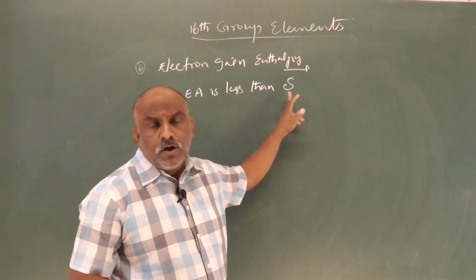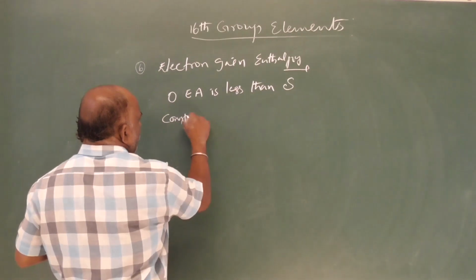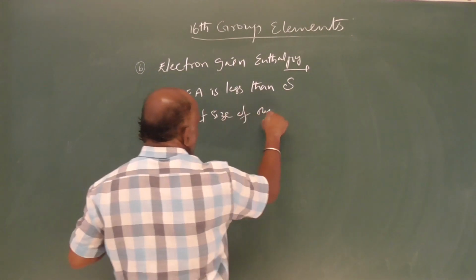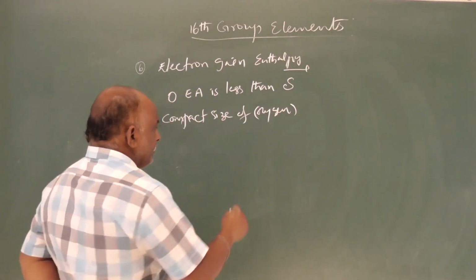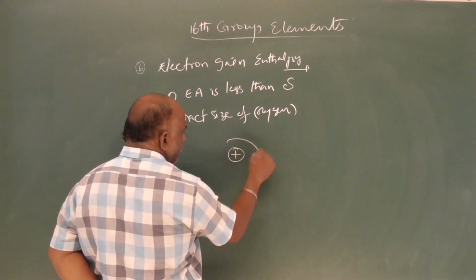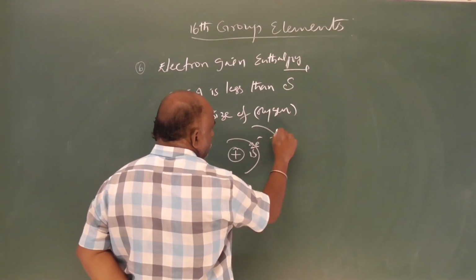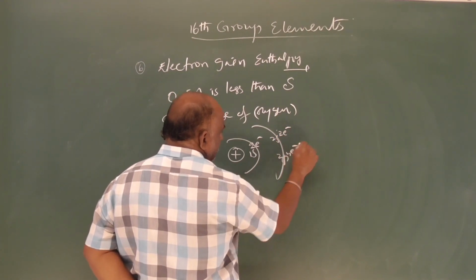What is the reason? The compact size of oxygen. Imagine the nucleus, 1s2 electrons, 2s2 electrons and 2p4 electrons.